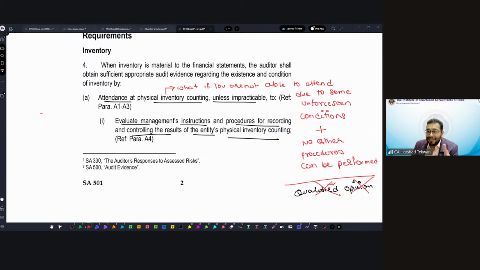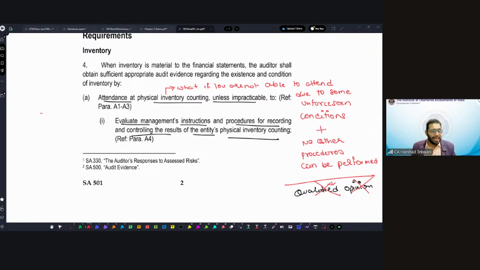It is not appropriate because you are not able to visit. It is something missing from your side, not from the side of management. You are not able to collect sufficient and appropriate audit evidence because of your issues. It's nothing to do with management.